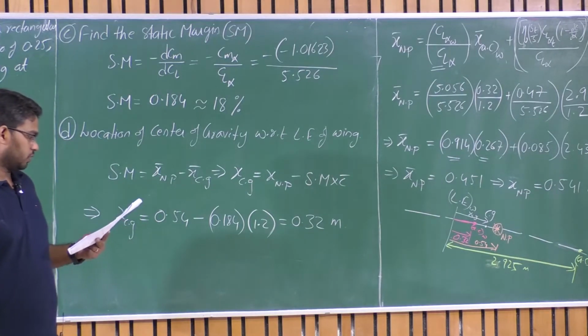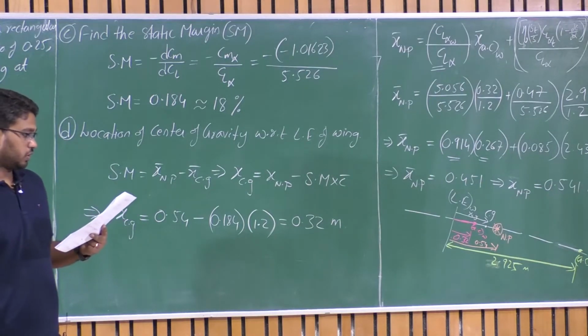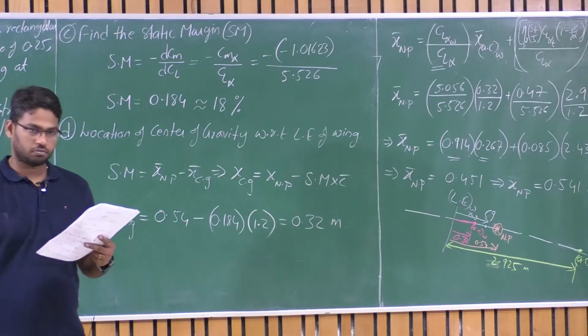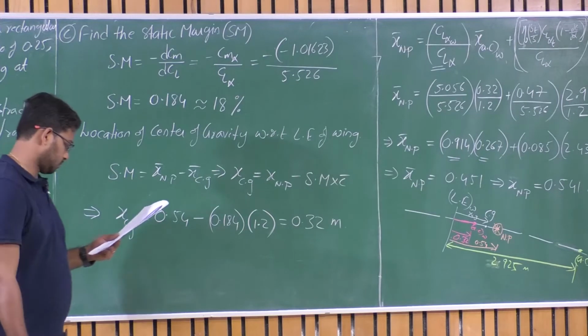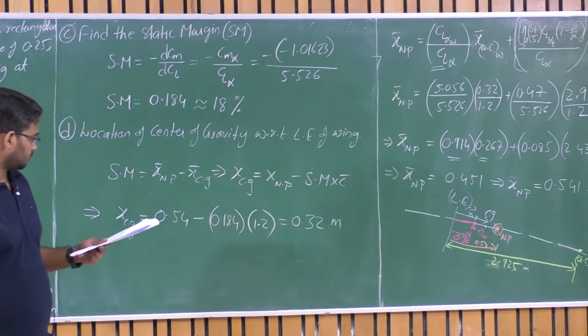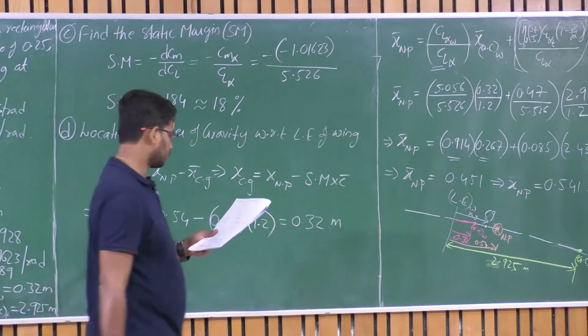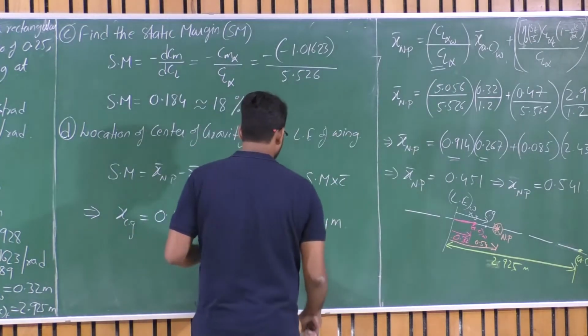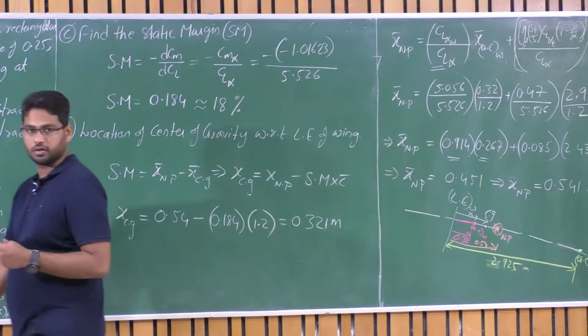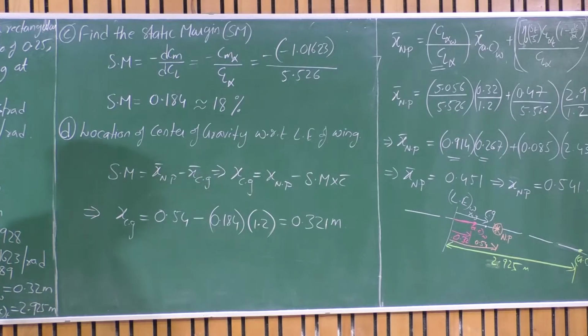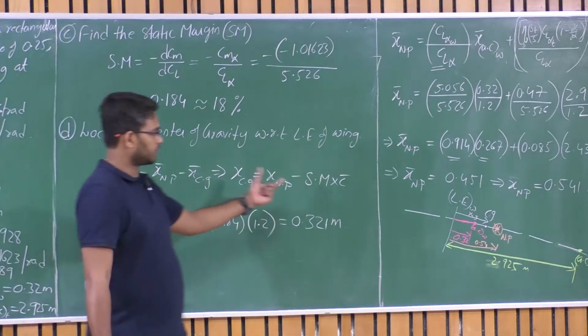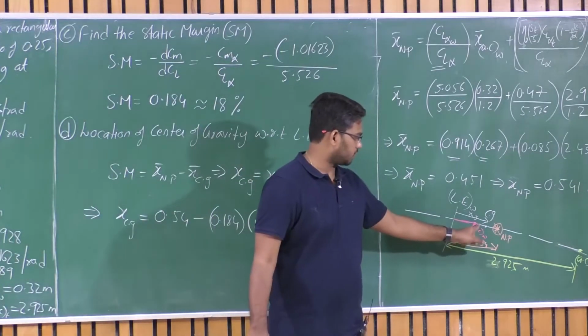The CG and the AC are almost the same. So very close. CG and the aerodynamic center of the wing are very close here.